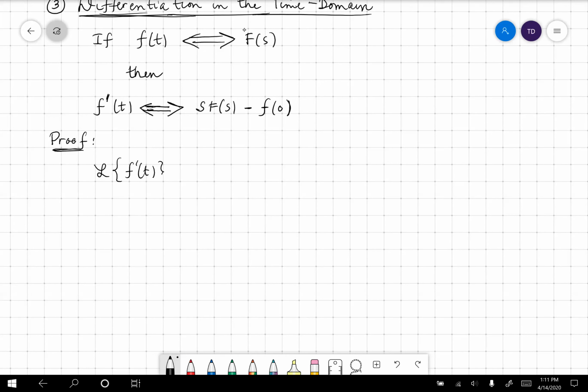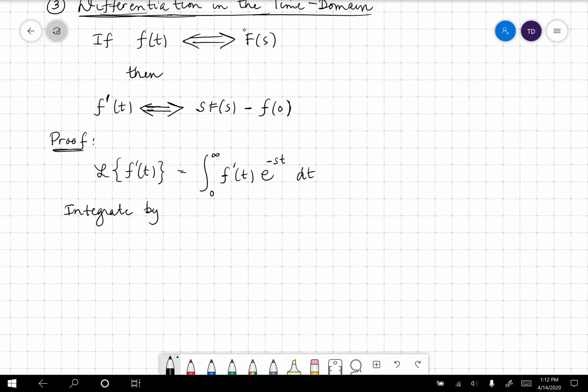To take this Laplace transform, I have to put f prime of t in the integral. Just remember, f prime of t is d dt, so we're taking the derivative of that function. Believe it or not, this one integrates by parts very nicely. So we're going to let u equal e to the minus st, and then dv is equal to f prime of t dt.